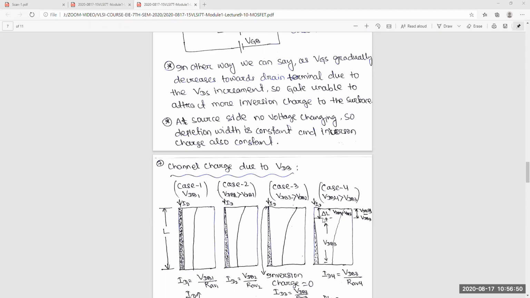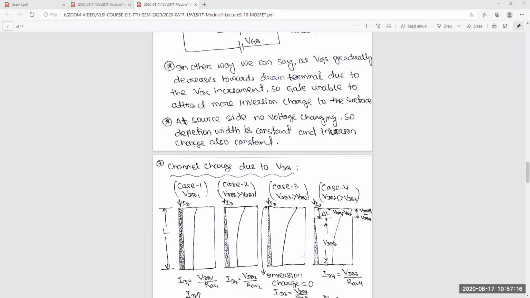So in this region, the voltage drop is nothing but VDB4 minus VDB3. Yes or no? I have written VDB4 minus VDB3. Total voltage is VDB4 because here I am giving drain voltage, but the charges end here. And at this point, I have previously seen that the voltage is VDB3, where the charge at the surface will be 0.